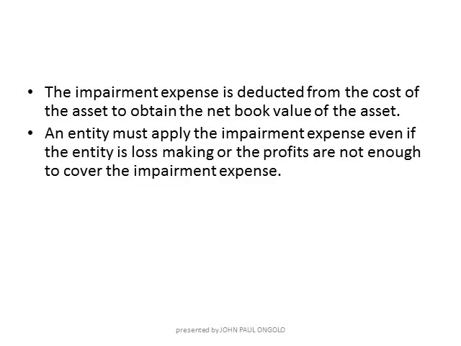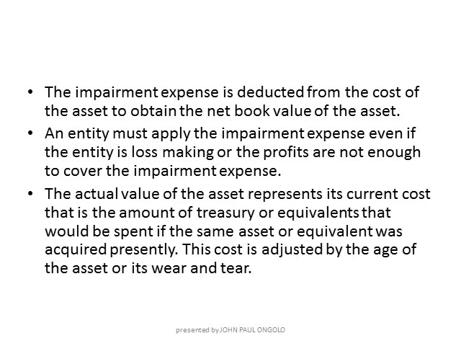The impairment expense must be applied even if the entity is loss-making or profits are not enough to cover the impairment expense. It's a must that an impairment expense must be applied. The actual value of the assets, which we use to compare with the net book value, is the current cost, that is, the amount of treasury or equivalents, let it be cash, let it be bank, that will be spent if the same asset or equivalent was acquired at this present date.